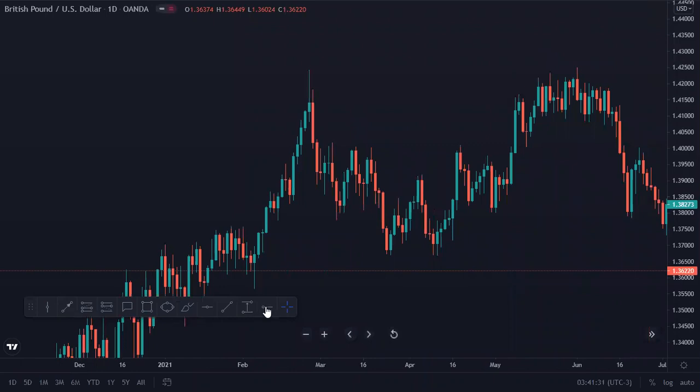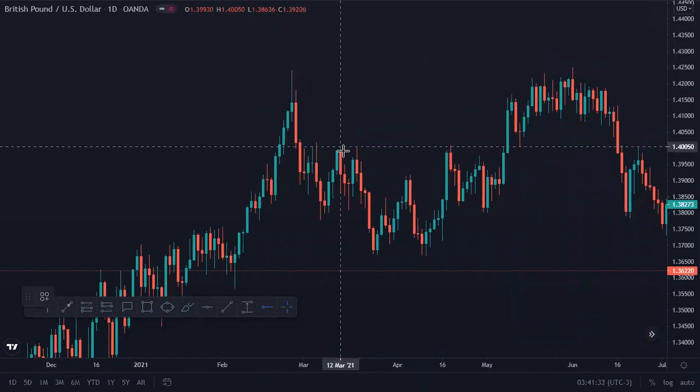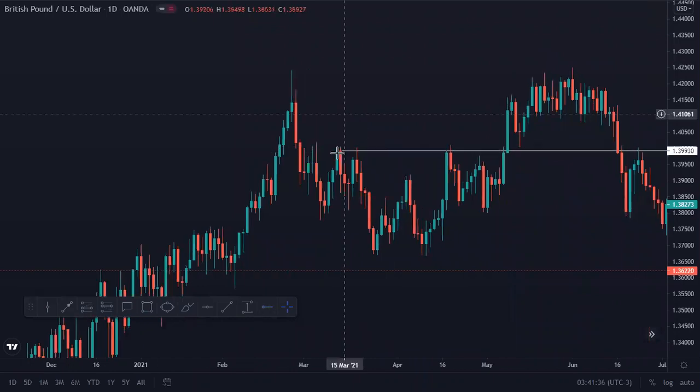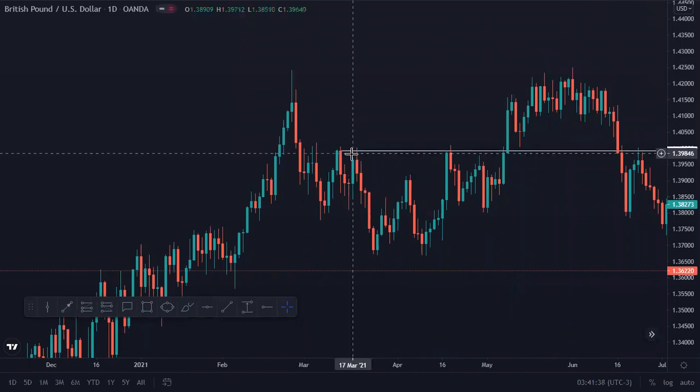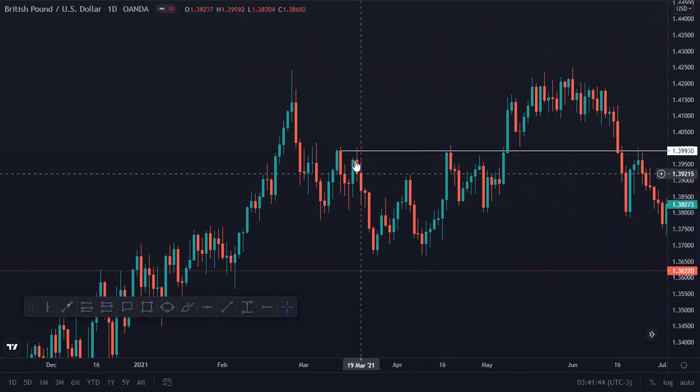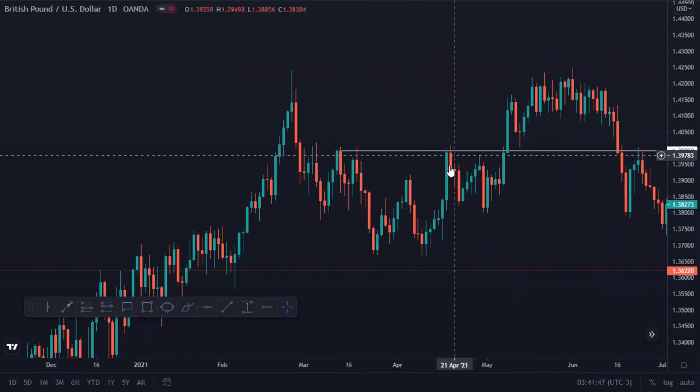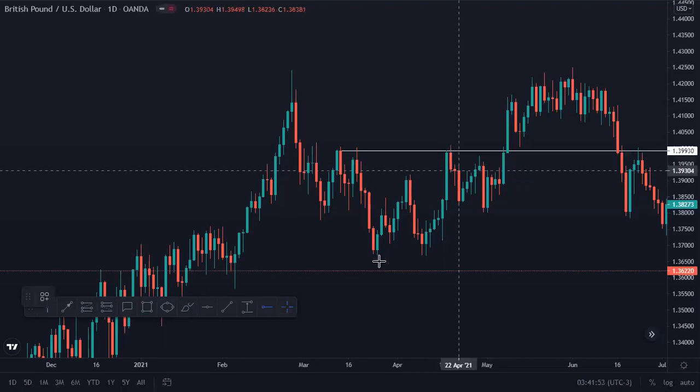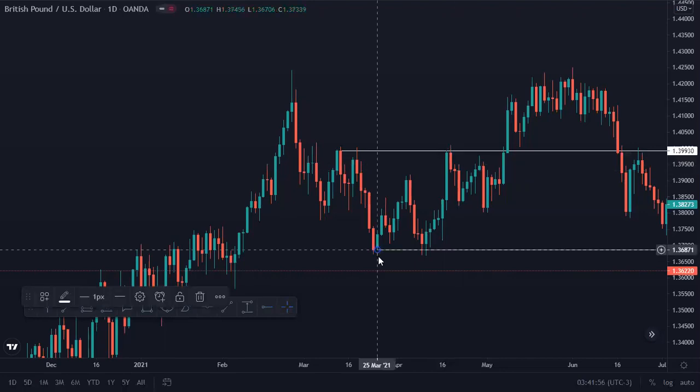In GBP USD, you can see we have a structure retest right here. We have a structure retest right here, and it retested 2 times. It retested on the first time, and it also retested on the second time, right here. And we also have a structure retest right here down.